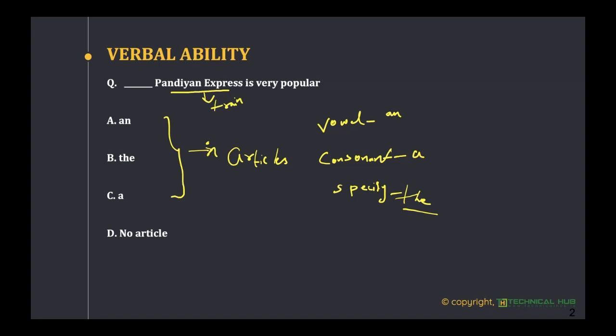That means a specific one is mentioned here, isn't it? That means the article the should be used here. The Pandian Express is very popular. You cannot use an, you cannot use a, and you cannot fill it with no article. You've got to use the: The Pandian Express is very popular.